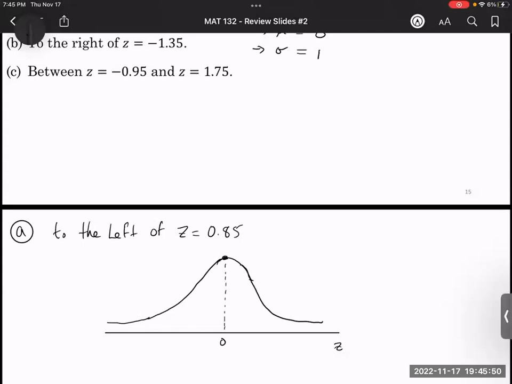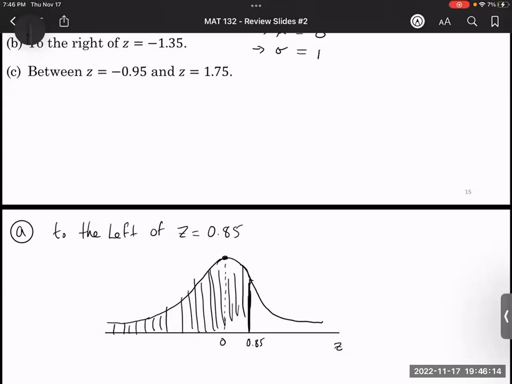Z is 0.85. Is it less than 0? No. If it's not, it's bigger, so it has to be on the right. It'll be somewhere around here, roughly speaking. So you shade this region. It's a positive number, so it has to be on the right.